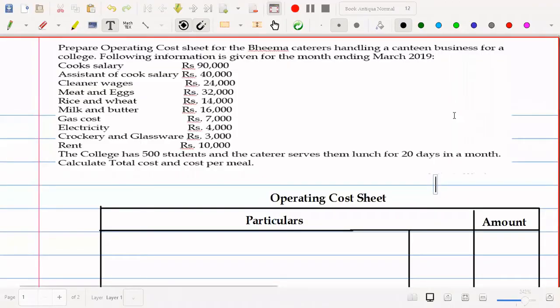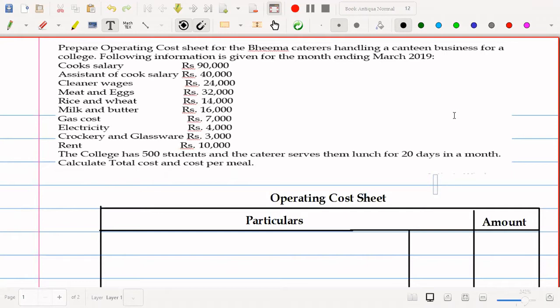Yes, students, let's solve this problem. Prepare operating cost sheet for the Bhima caterers handling a canteen business for a college. Following information is given for the month ending March 2019.